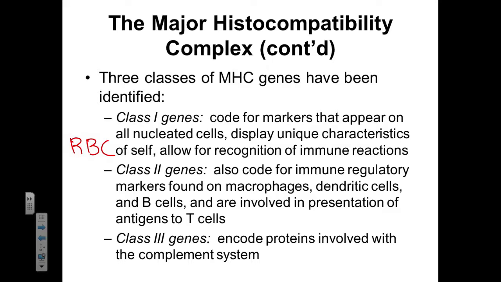Class 2 MHCs are going to be on all of our immune regulatory cells, and our B cells and T cells can respond to our class 2 MHCs. And then finally, class 3 MHCs are going to be involved with the complement cascade system.